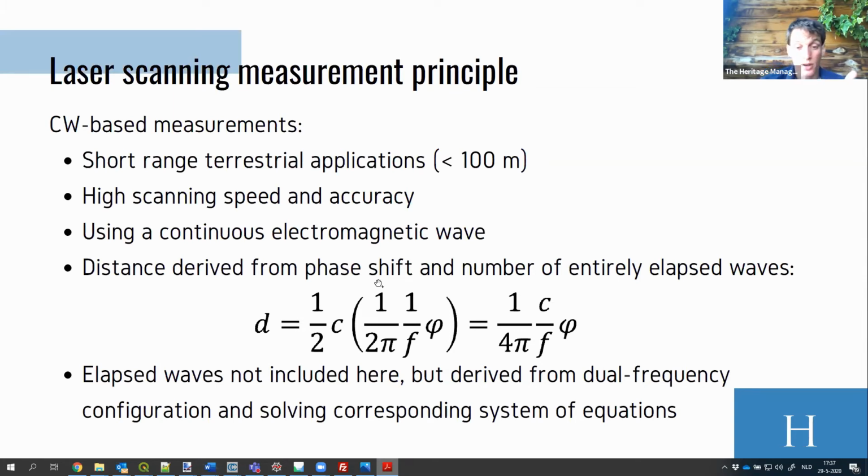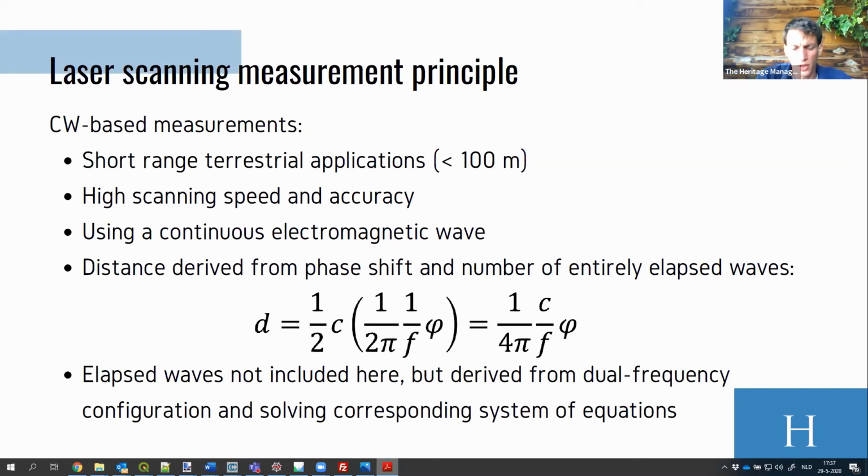If you have covered multiple wavelengths in your distance measurement, you can of course not derive the distance anymore, and that's why many of these systems make use of dual wavelength systems, where you have a long wavelength to calculate the distance with a lesser accuracy.